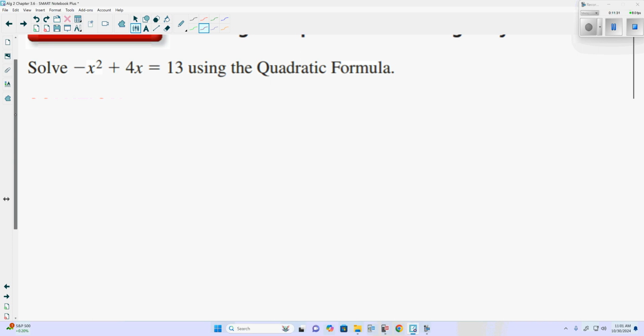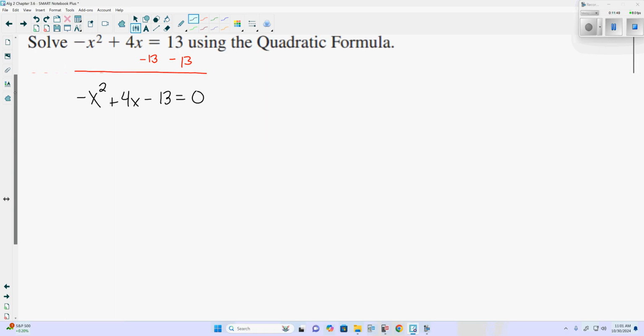Negative x squared plus 4x equals 13. It's better to keep the x squared positive because, as we saw in the last one, we ended up having to take that negative out of the bottom. It caused issues.